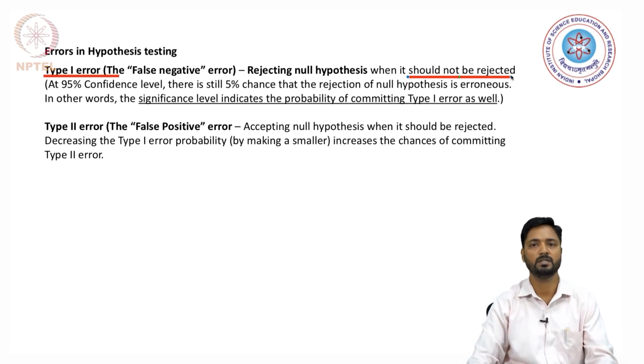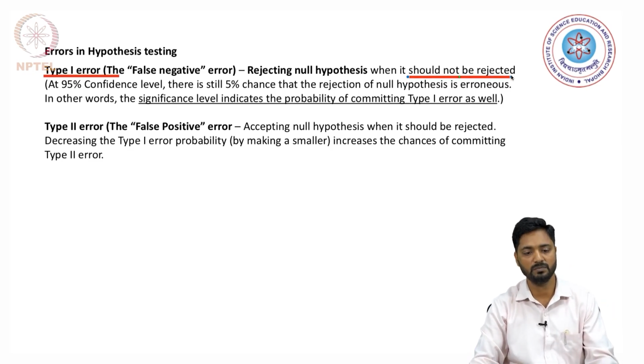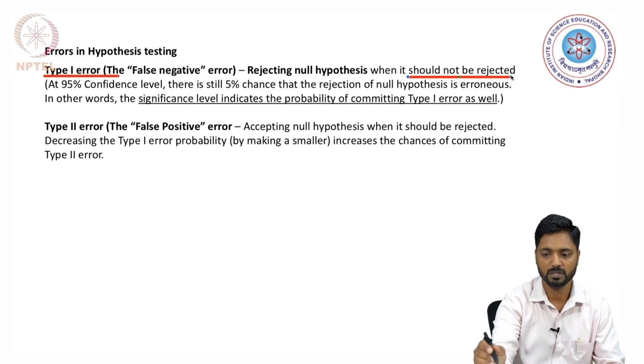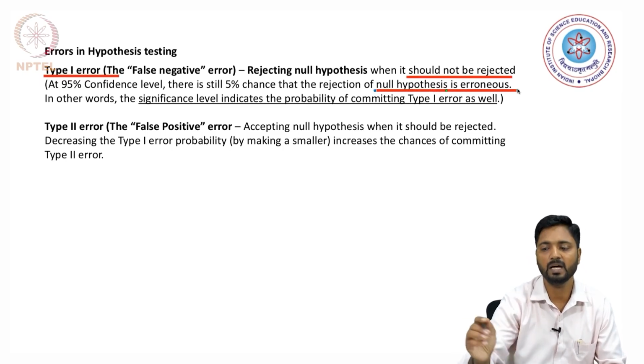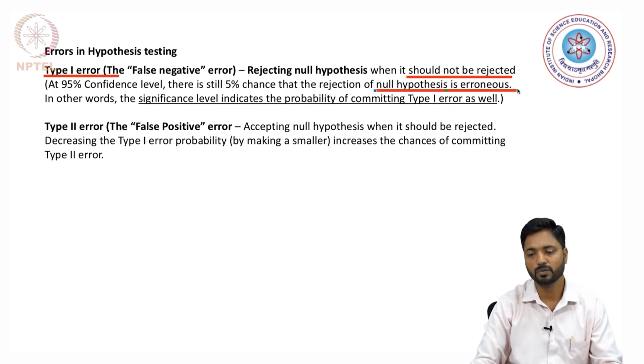For example, at 95% confidence level, there is still 5% chance that we will reject the null hypothesis in an erroneous fashion, or we will make an error if we reject the null hypothesis. So the significance level indicates the probability of committing the type 1 error.